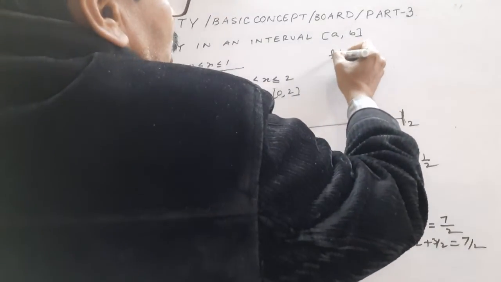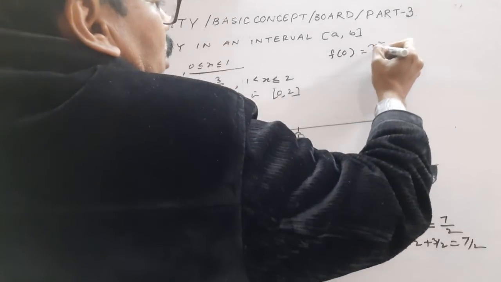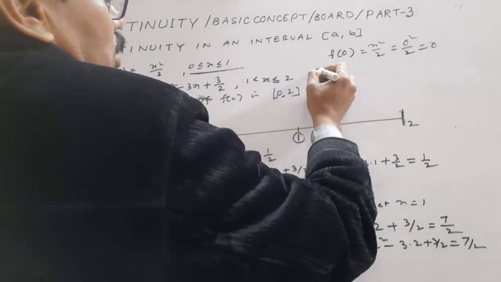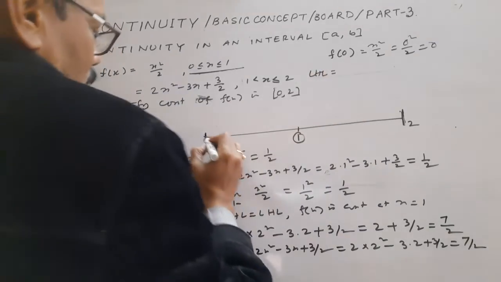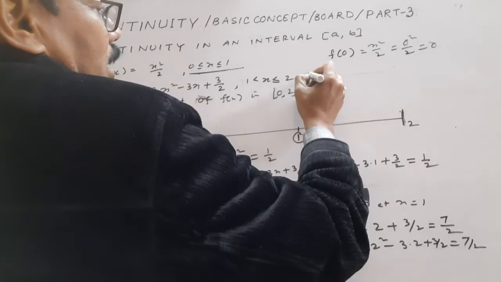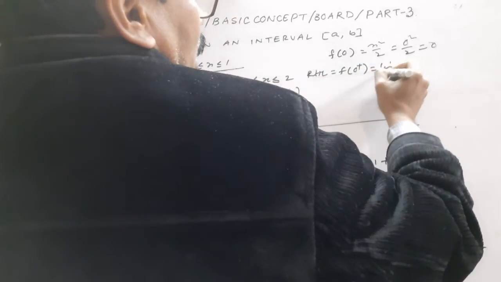So look at it again for 0. So what is f(0)? f(0) is x square by 2. So 0 square by 2 equals to 0. So for 0, not LHL, RHL, greater than 0. So f(0) plus. Limit x tends to 0 plus.